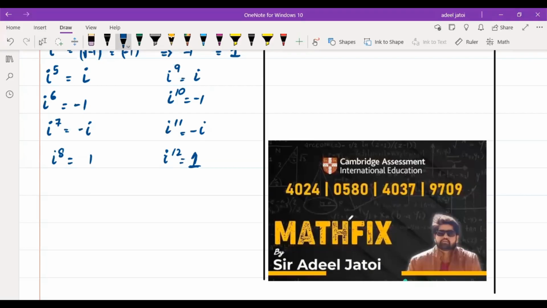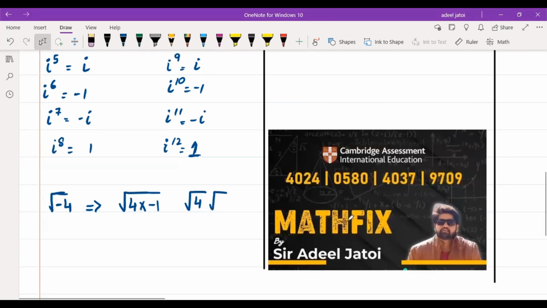Now let's do some example questions. Let's say we have under root -4. What does this under root -4 mean? Under root -4 means 4 into -1. That means this under root can be distributed in 2 parts, 4 and -1.